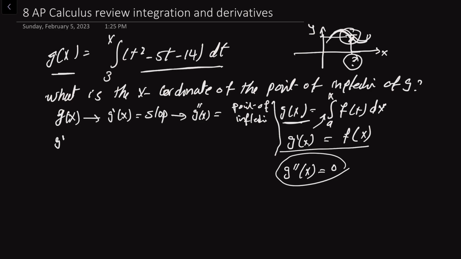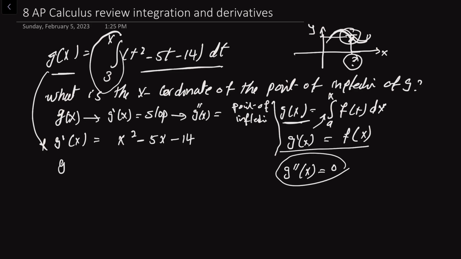So g dash of x, that's this function here, is going to be equal to, we're going to take the integration away, so it's going to be x squared minus 5x minus 14. Okay, so that's the first step. Then g double dash of x is going to be, what's the derivative of x squared? 2x minus 5.